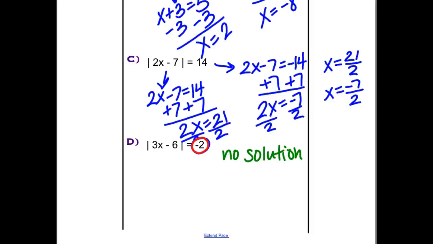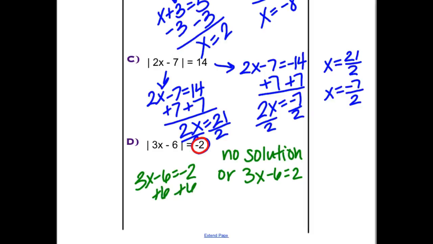Because if you go back and say, okay, 3x minus 6 equals negative 2, or 3x minus 6 equals 2, we add 6, and you get 3x equals 4, and then you divide by 3, and you get x equals 4/3.